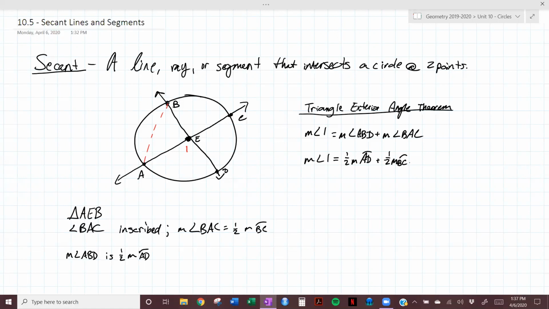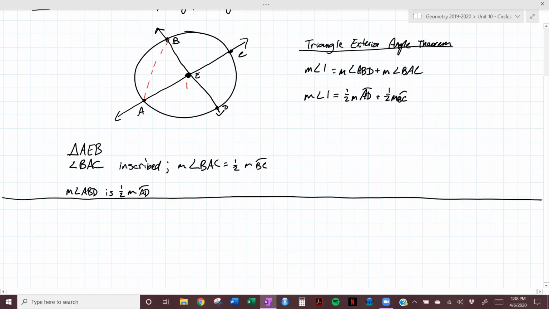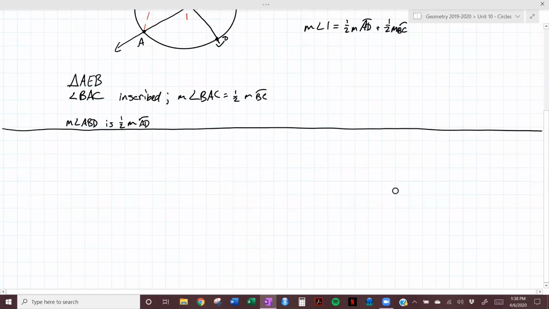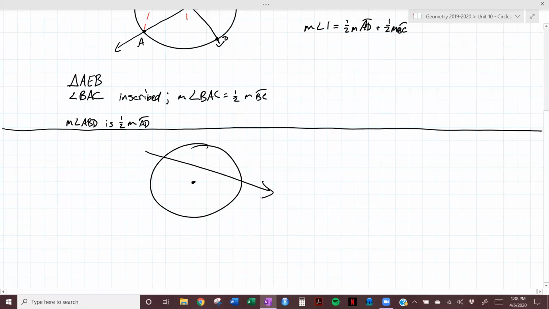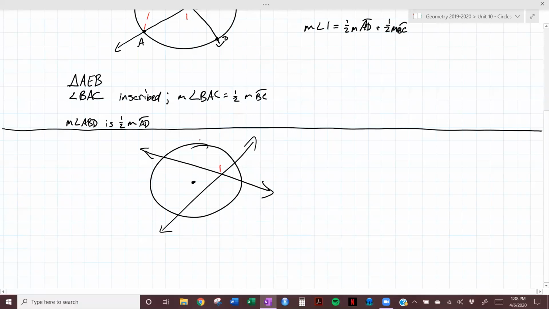So in general, we have a circle. Okay, here's our center. And we have a secant here and a secant here, and we have angle 1 here, and this is x degrees up here, and this is y degrees down here.